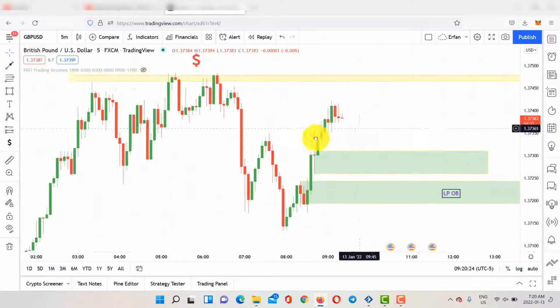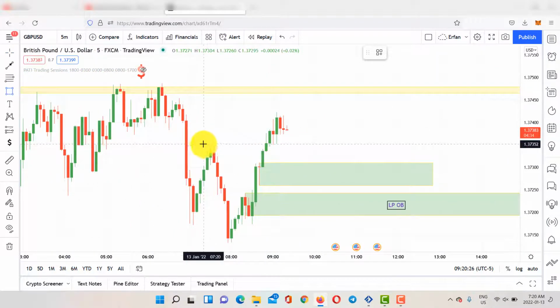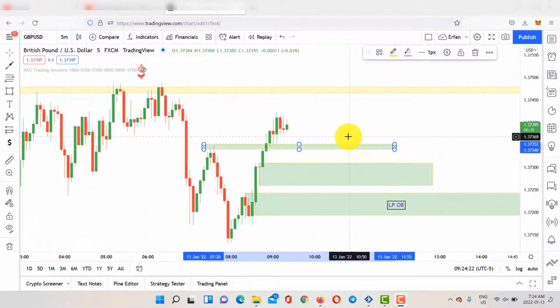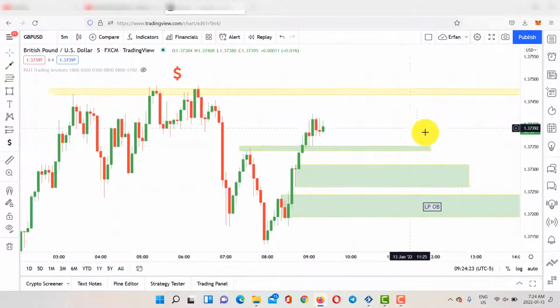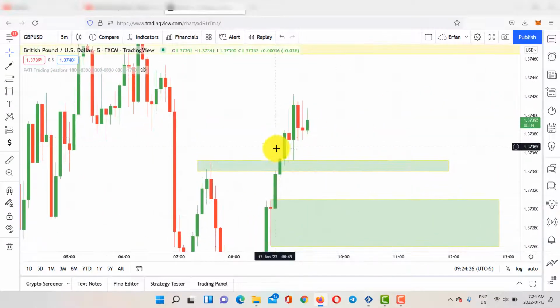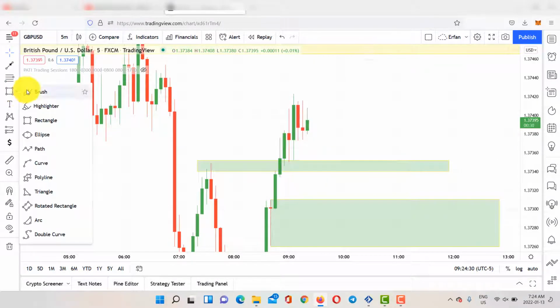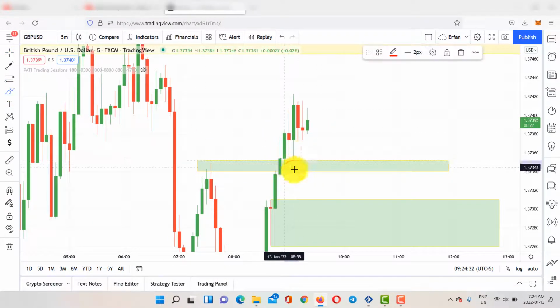Or the second thing that might happen is this support line. Yeah, so for here, as you can see, it's already tapped into after this break of a structure. We have this red candle that kind of came back and tapped into this zone. We had a bullish engulfing pattern, and now it's probably trying to reach this level.